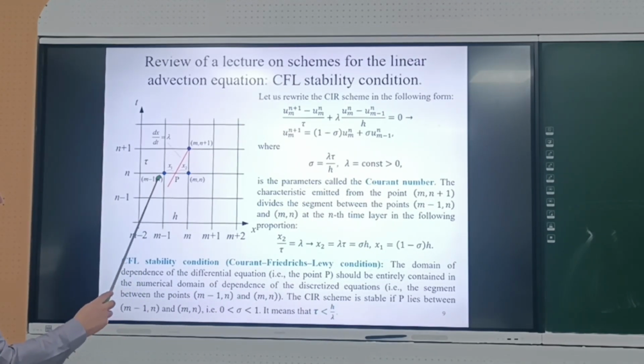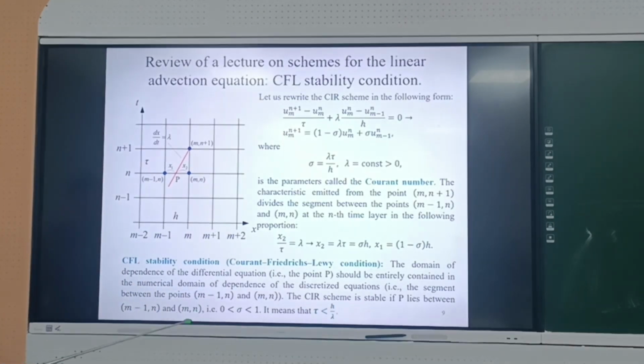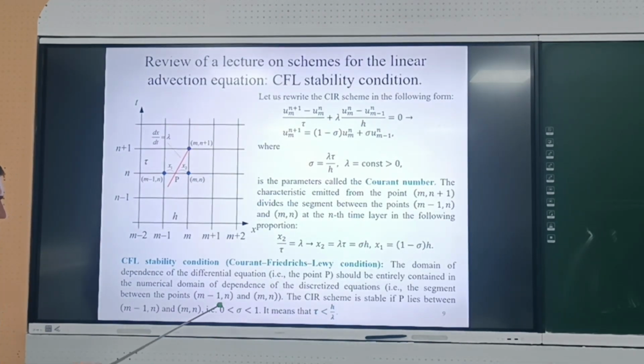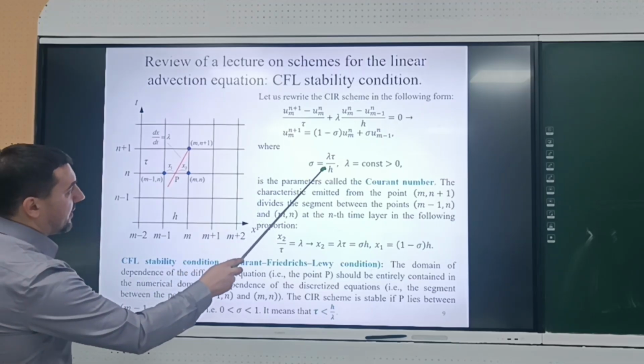And so this segment is the numerical domain of dependence. And so the current explicit scheme is stable if P lies between (m minus 1, n) and (m, n). That is, sigma should be greater than 0 and less than or equal to 1. So this is the typical stability condition. What does it mean that sigma is less than or equal to 1? Sigma is lambda tau over h.